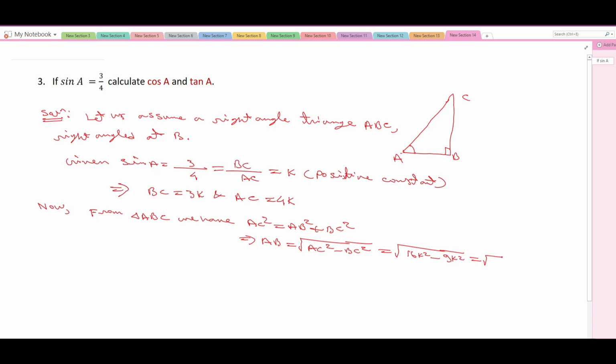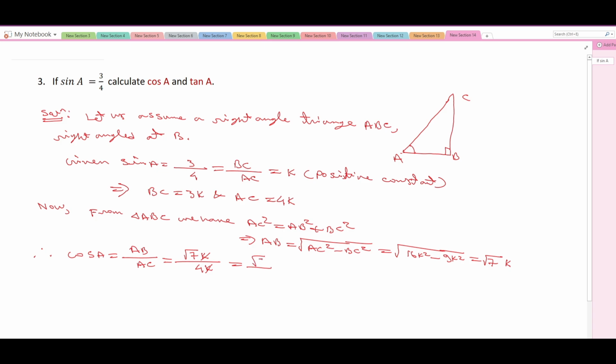This is equal to root 7 K. Therefore cos A equal to AB by AC, where AB equal to root 7 K and AC equal to 4K. K cancels out.